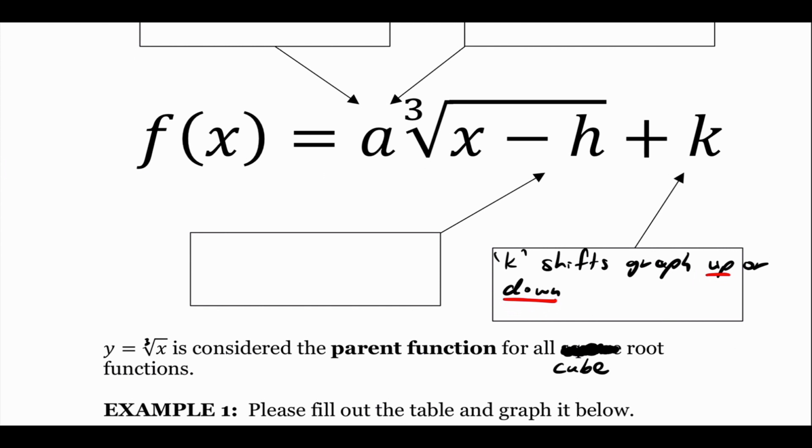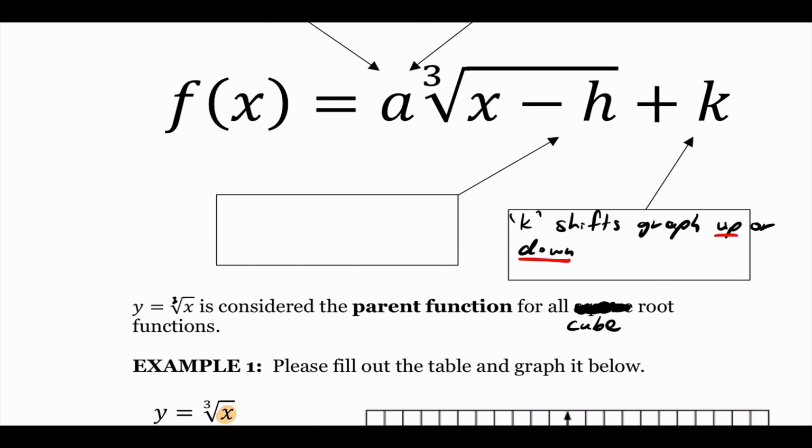Doesn't do anything else. K just goes up or down. So when we have a positive K, I went up. When I have a negative K, I go down. On the one we just did, it was plus 5. Plus 5 means it went up 5.